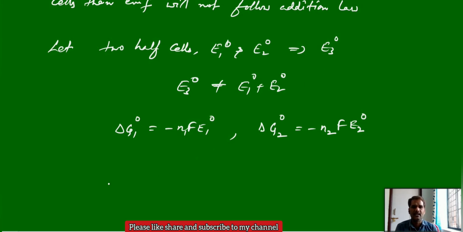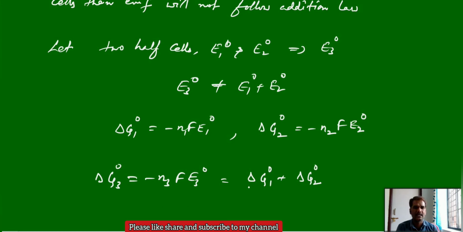And for the resultant third cell, delta G3 naught equals minus n3F E3 naught. But delta G, the Gibbs free energy, is an extensive property, so it follows the additive law: delta G3 naught equals delta G1 naught plus delta G2 naught.